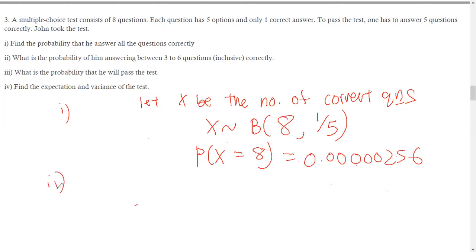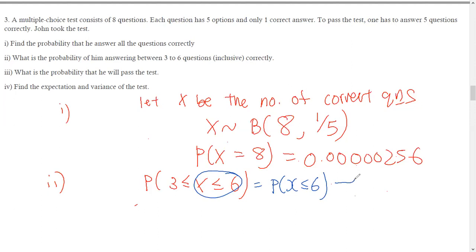What is the probability of him answering between 3 to 6 questions correctly? So what they want here is P(3 ≤ X ≤ 6). So we have to convert this, break it down. For the first part, less than or equal to 6, we start off with P(X ≤ 6) because it must include 6, minus away the second part, more than or equal to 3.